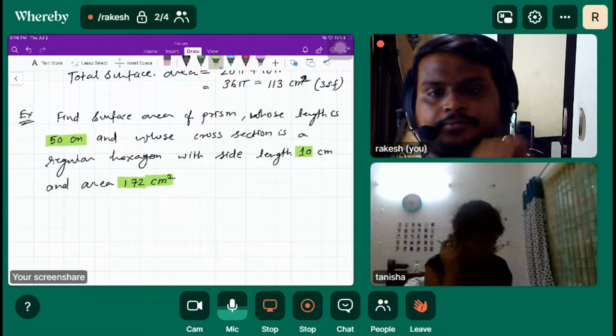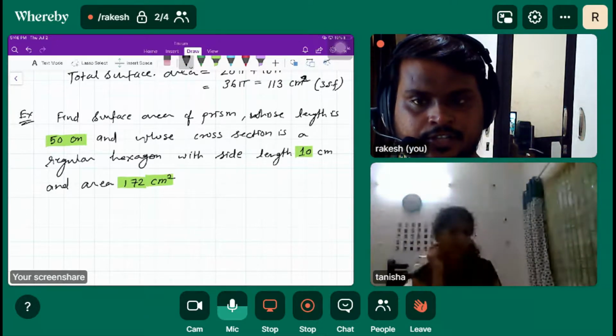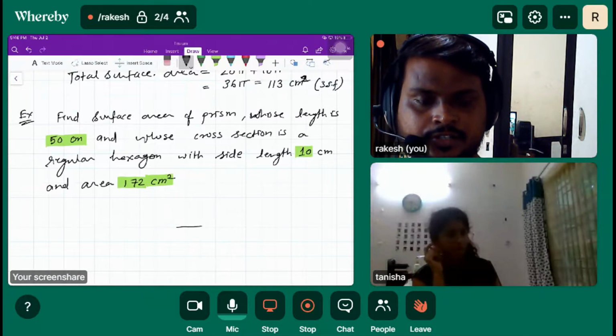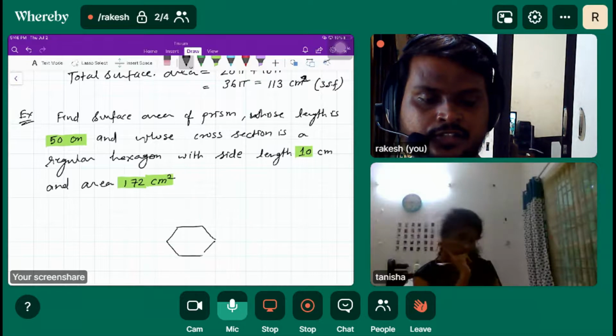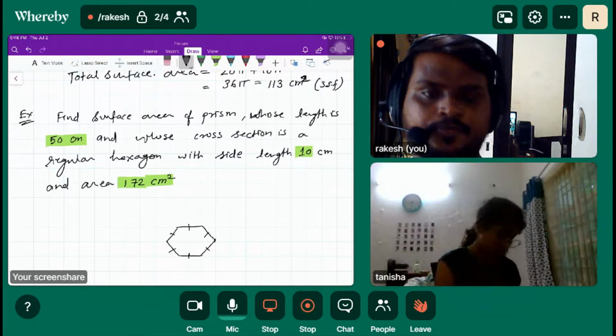Have you drawn the diagram? Please verify your diagram. I'm drawing that here. It's a regular hexagon. It means all sides of that hexagon are equal, right? All sides are equal.